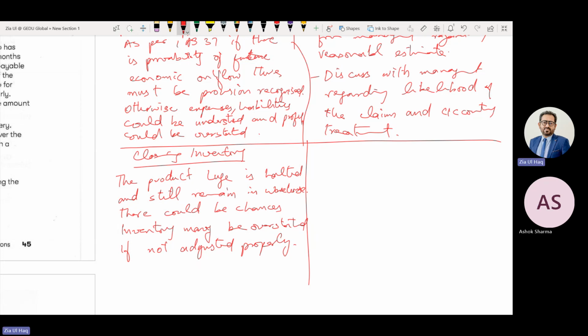How can we verify how much inventory relating to Luge needs to be adjusted? Count sheets.